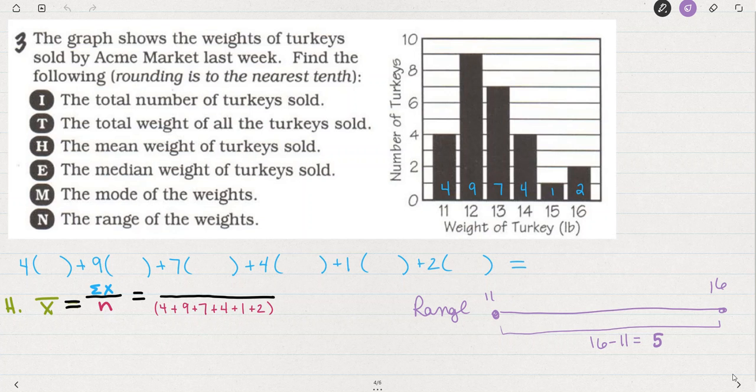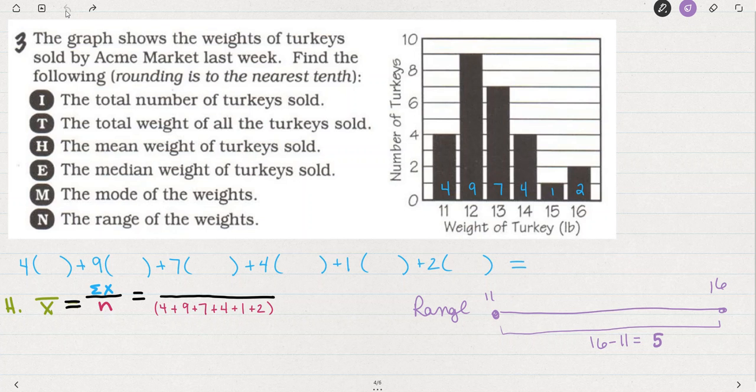I've started by just writing out for myself the 4, 9, 7, 4, 1, 2, reading the bars. I just simply wrote down how many turkeys were at each weight. So I can see that there were 4 11-pound turkeys, 9 12-pound turkeys, and so on.